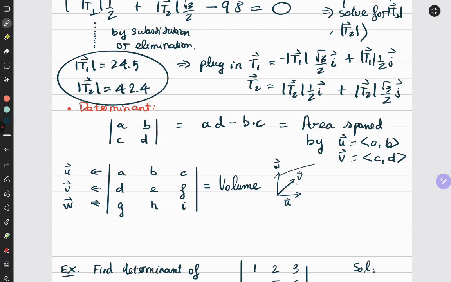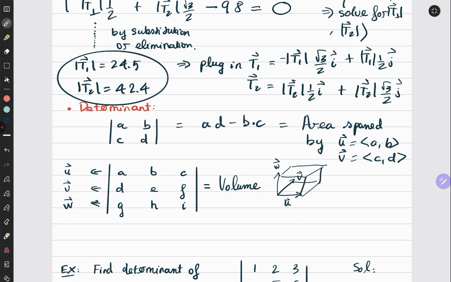Then you have something like this. Not my good drawing. The volume of that thing.